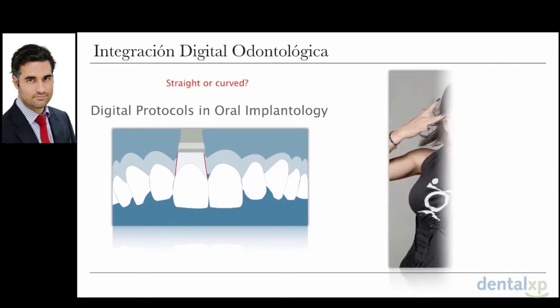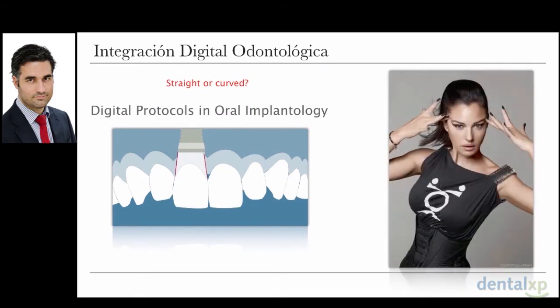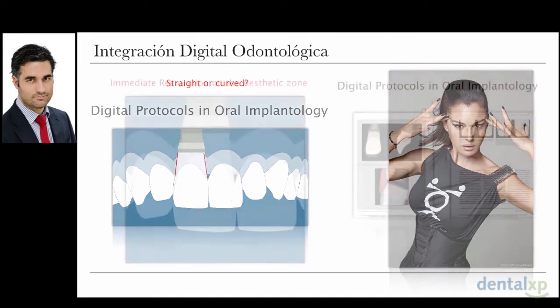Okay, and what emergence profile should I ask of the lab? I like straight, curved, convex. What should be my emergence profile? I like a straight emergence profile, but I also like curves, like from Monica Bellucci, like you see here.